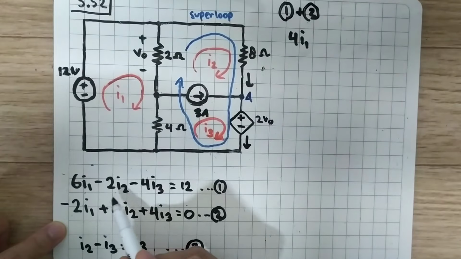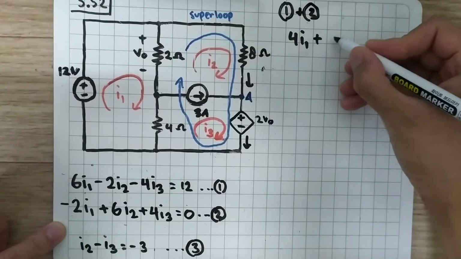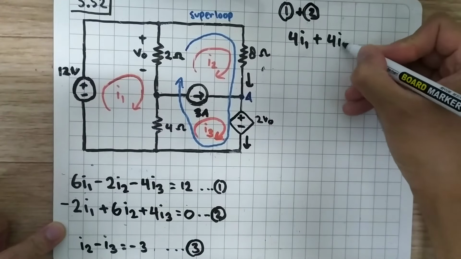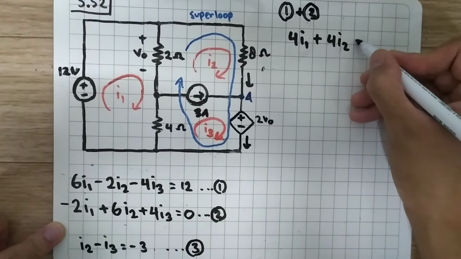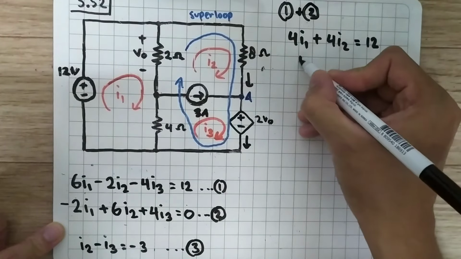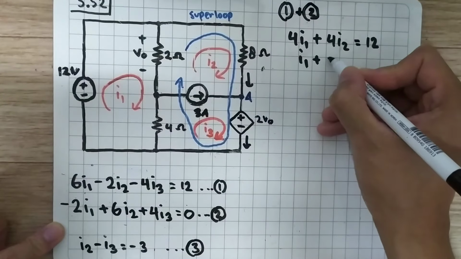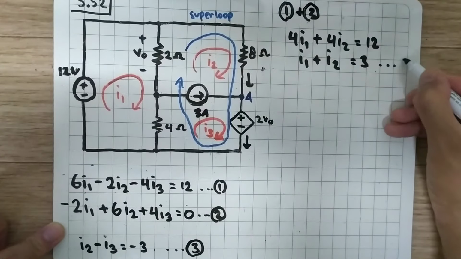And here, minus 2 plus 6 I2, it's plus 4 I2, and this will cancel each other, and it will equal to 12. Or we can say that I1 plus I2 is 3. And let's save this as equation number 4.